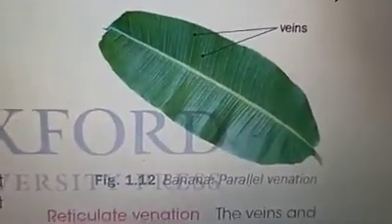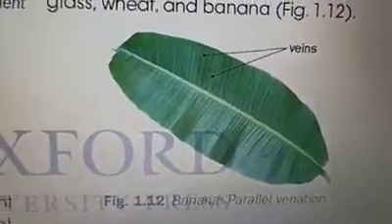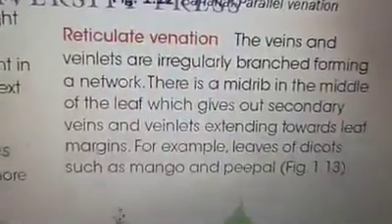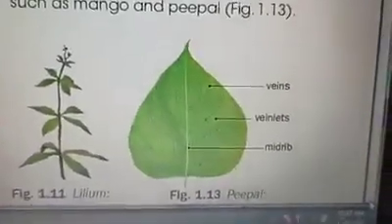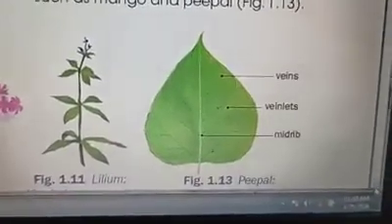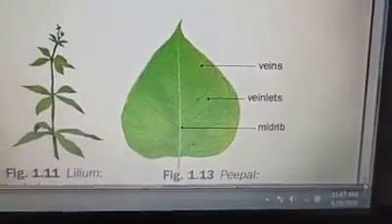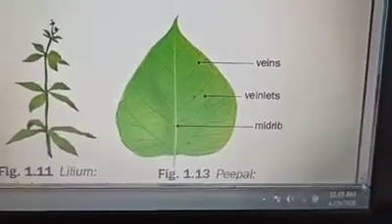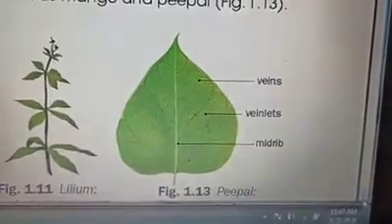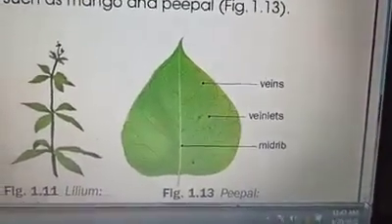So this is a picture of a parallel venation. Now we are moving on to the reticulate venation, which can be found in peepal leaves, hibiscus leaves and pumpkin leaves, etc. So what is reticulate venation? The veins or veinlets are irregularly branched, forming a network.